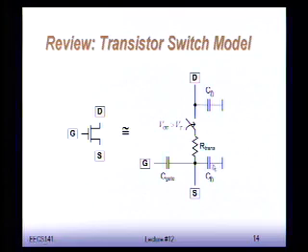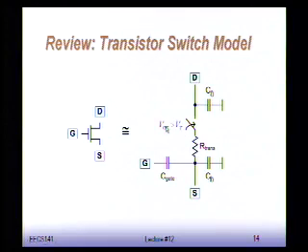There is a similar capacitor associated with the source. And then there is the gate capacitor, which is made of overlaps of gate to drain and of the channel capacitance, of course, okay?